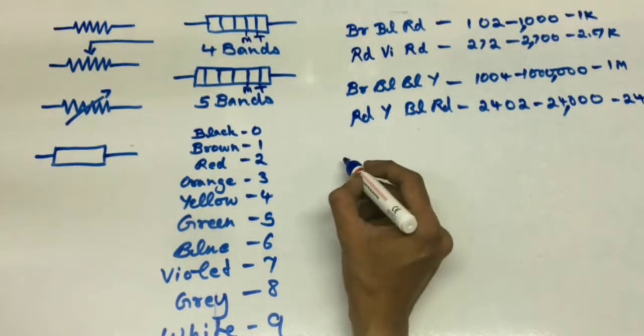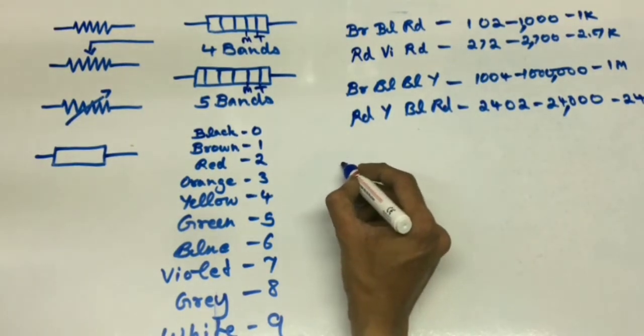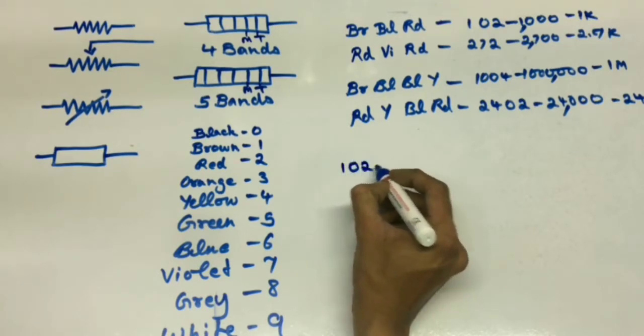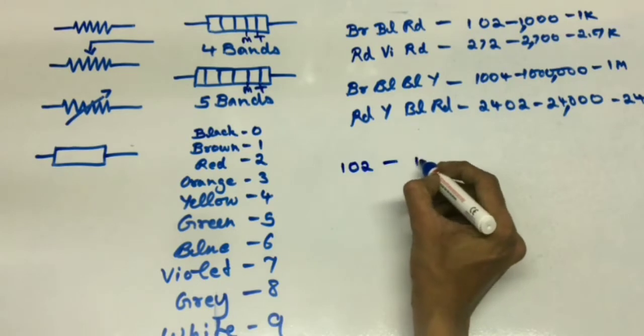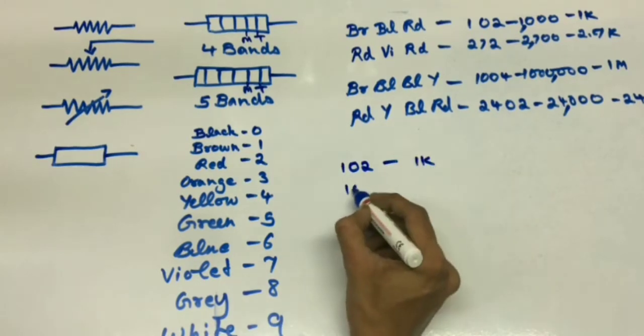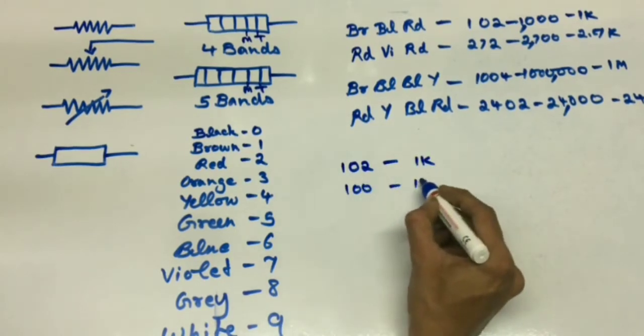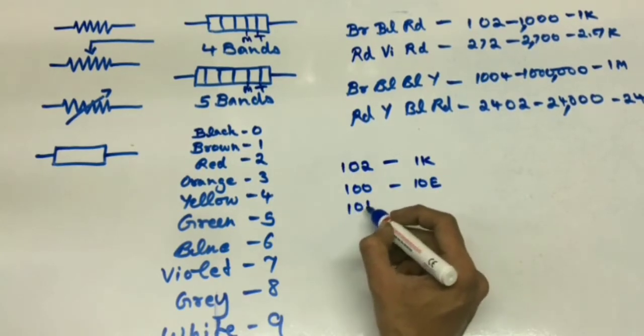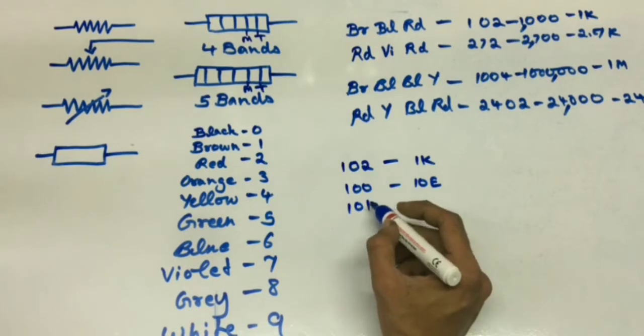SMD resistors already have a code printed on them. Suppose there are 3 numbers or 4 numbers. If it is 102, then it will be 1K. If it is 100, it will be 10 ohms. If it is 101, in the three number codes, then it is 100 ohms.